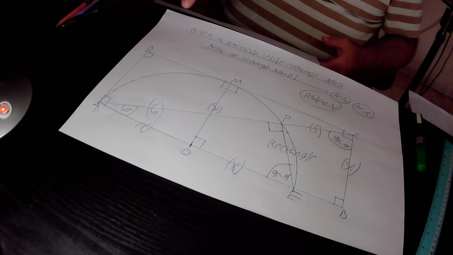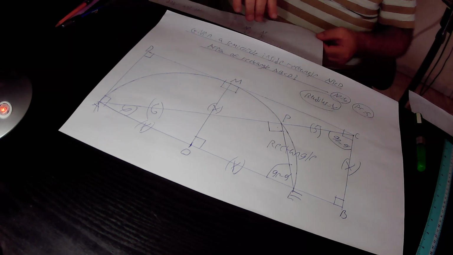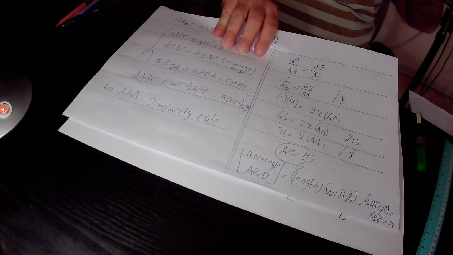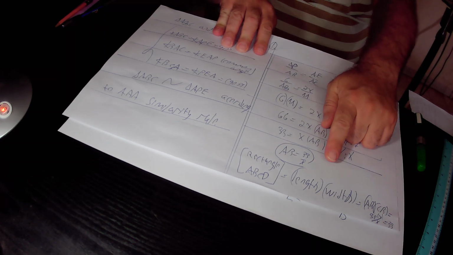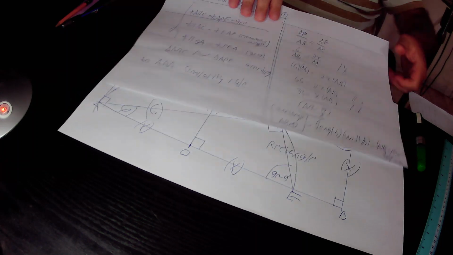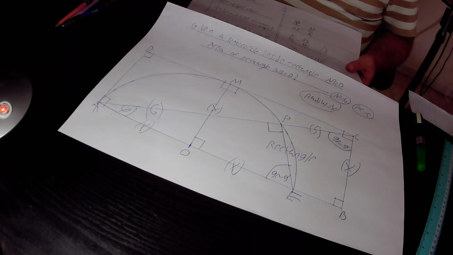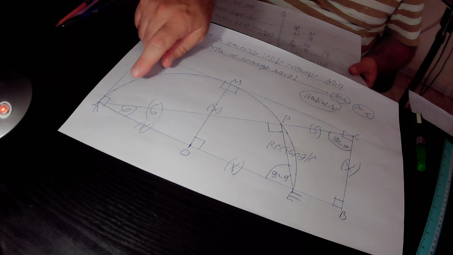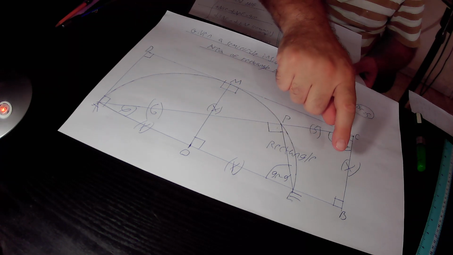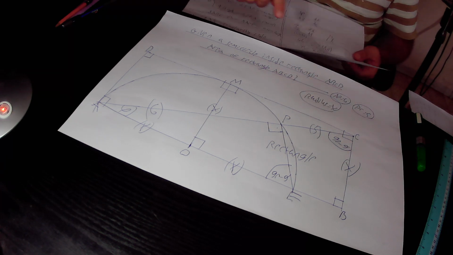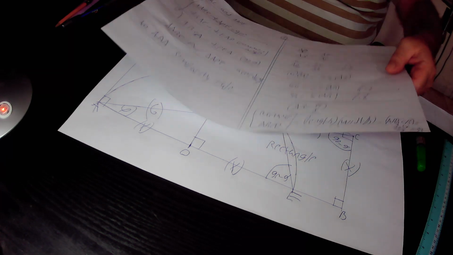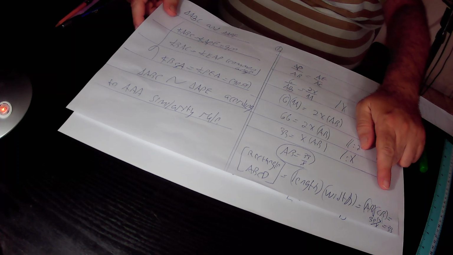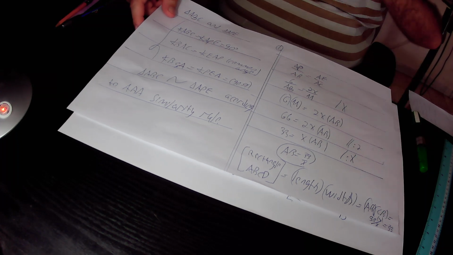Our mission is to find the area of this rectangle ABCD. We know that the area of a rectangle equals the length times the width. Therefore, the area of rectangle ABCD must be equal to the length AB times the width CB.